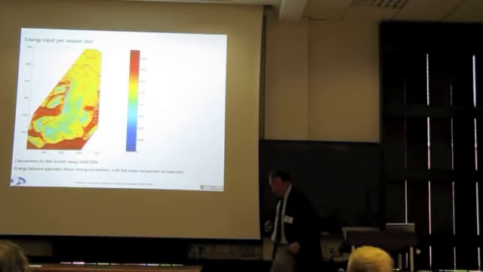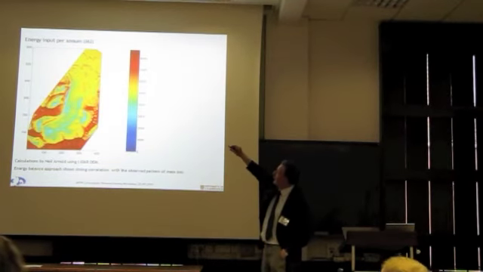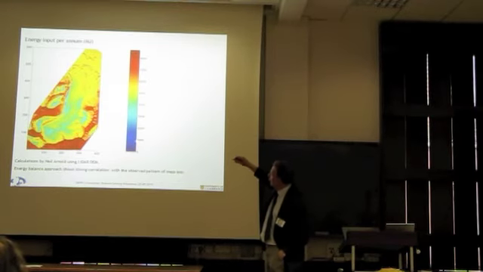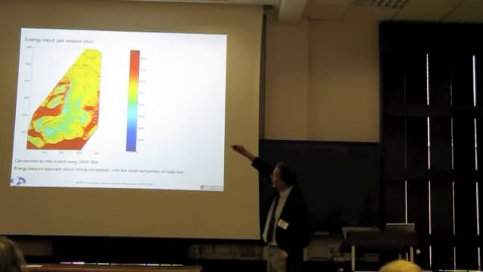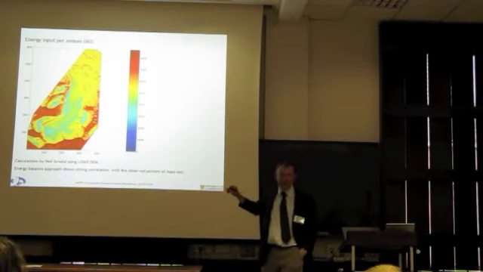So here is the result of a calculation like this. This is the energy input in megajoules per year. There's a scale bar for it. What you can see rather importantly is down here at the snout area, this side of the glacier, which has got a slightly bluish tinge to it, is receiving rather less solar energy than this side of the glacier, which has a rather more yellow tinge to it.